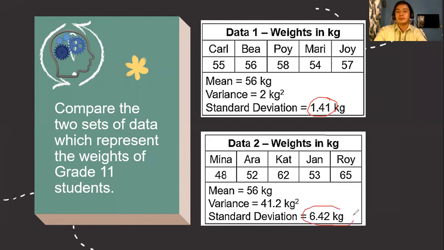And the farther your data are, the higher the value of the standard deviation. So this has more variability and this has less variability as to its standard deviation.